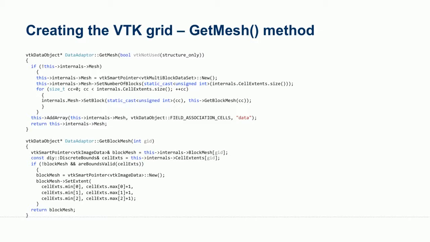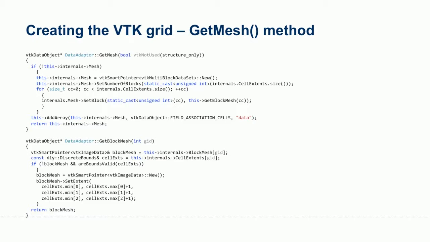So in this code, we're ignoring the structure-only parameter. Why are we doing that? It's because we're making image data, and it's kind of irrelevant in that case.